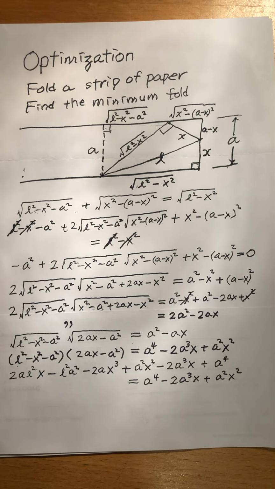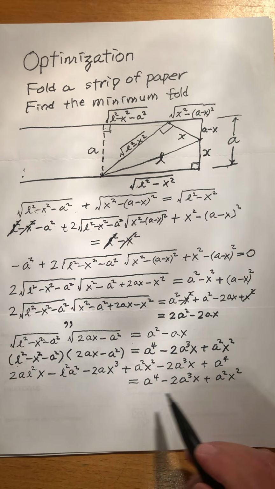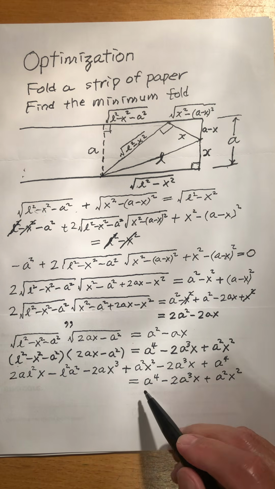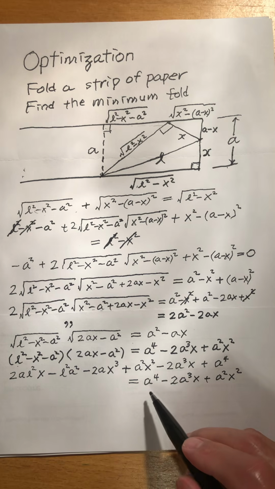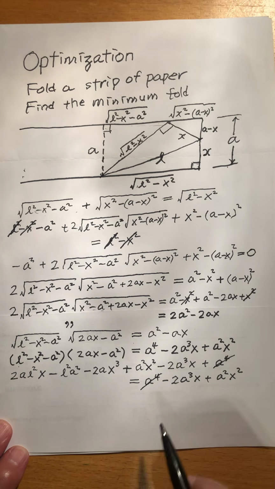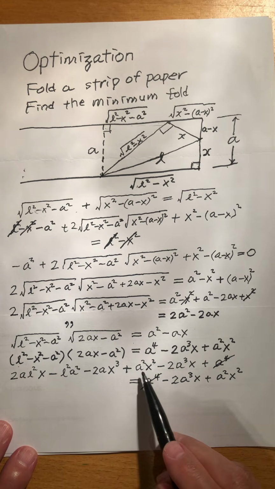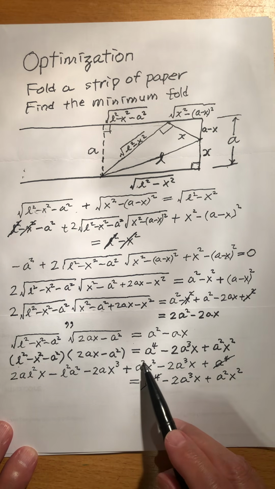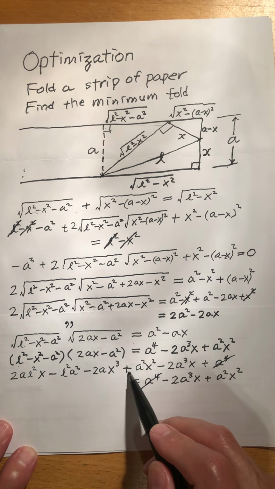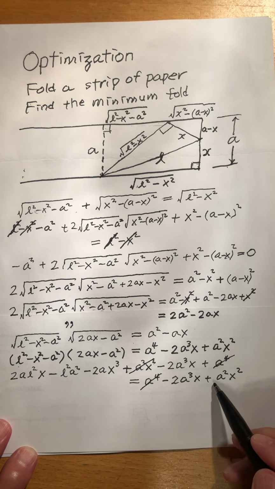Okay, let's see. First of all, I see that on the left-hand side, I have a to the power 4, and on the right-hand side, I have a to the power 4, so I can cancel that. And how about a squared x squared? A squared x squared, the left side and the right side, the same thing, I can cancel.